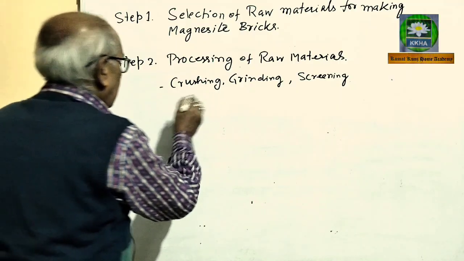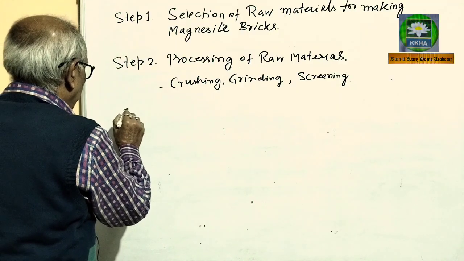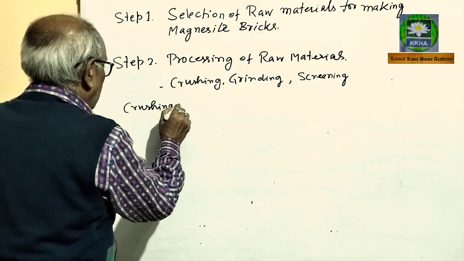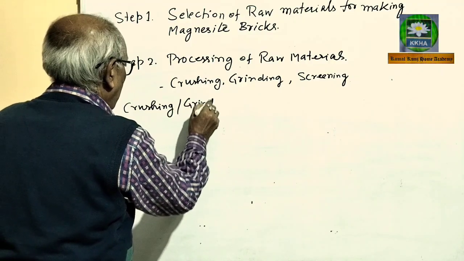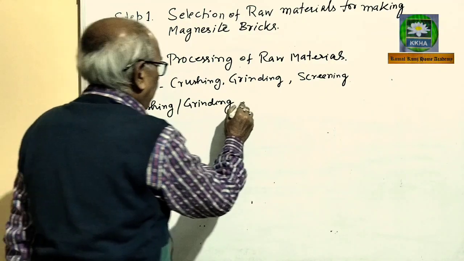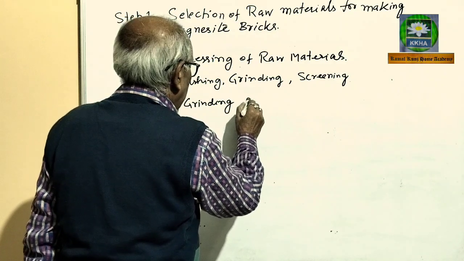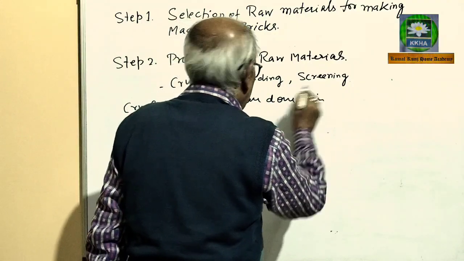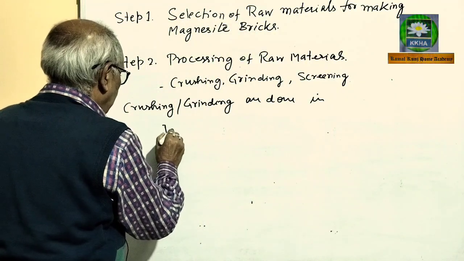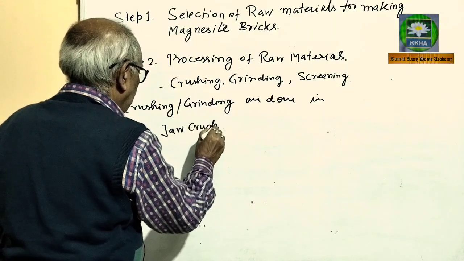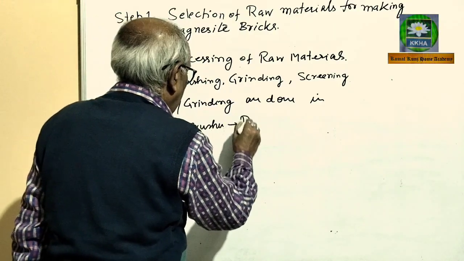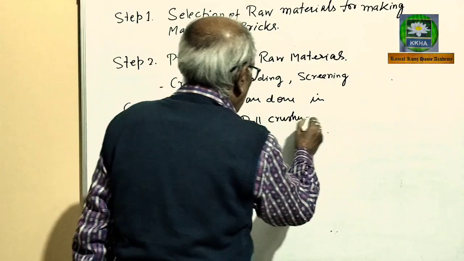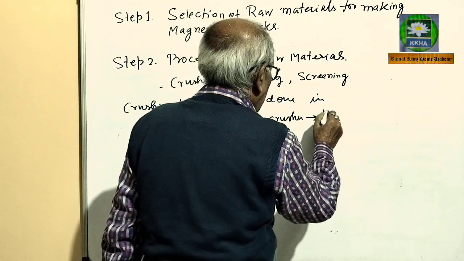So this processing, crushing and grinding, are done in jaw crusher, then roll crusher, then hammer mill.